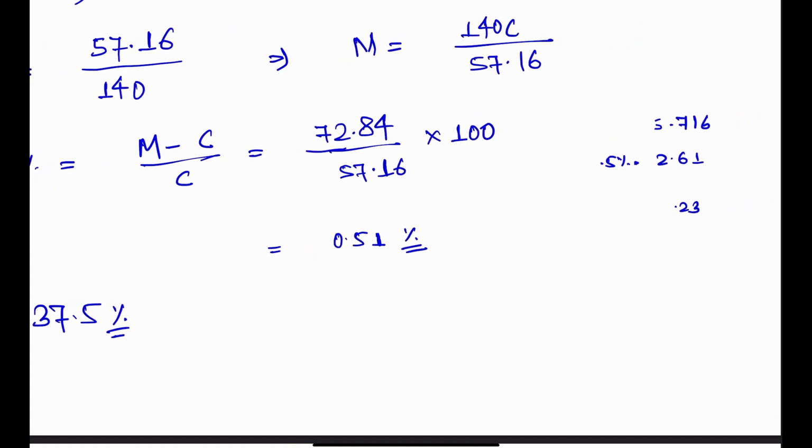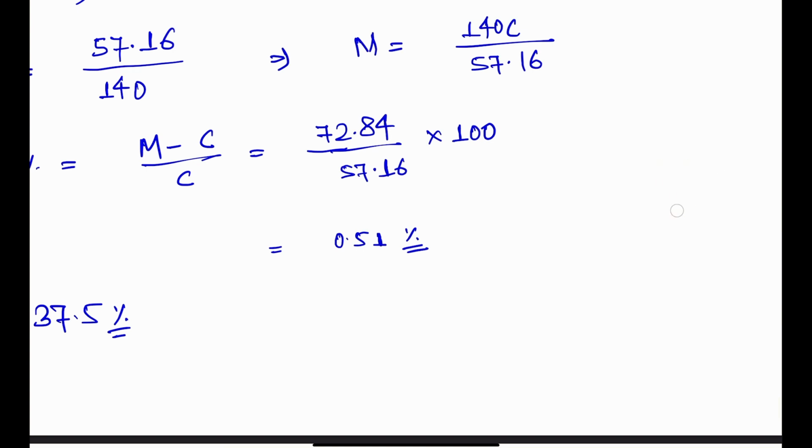Yeah, 72. For 72, I know it's 100%. 100% plus 57. 57, 360. 60 plus 10, 15.